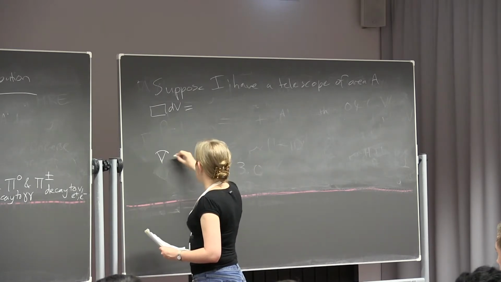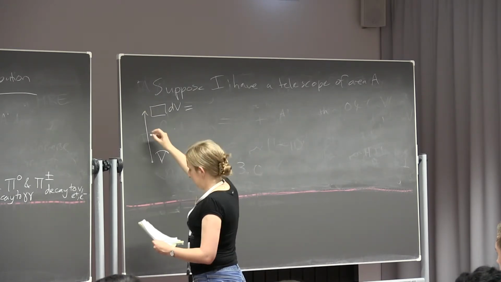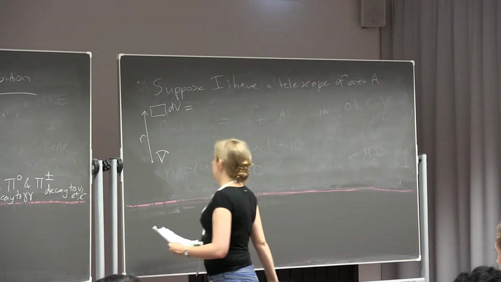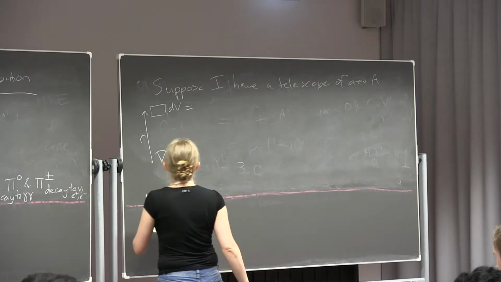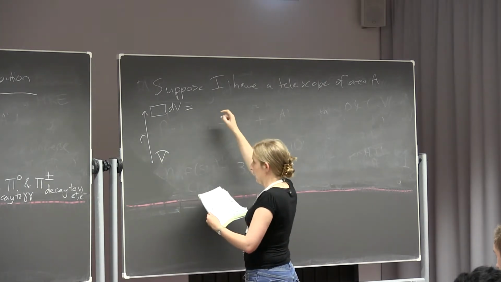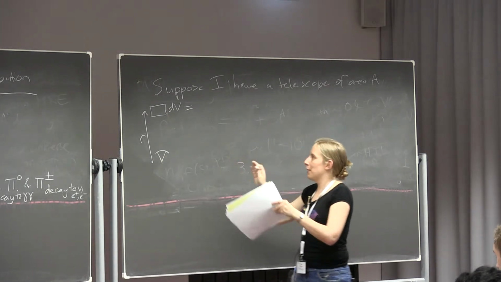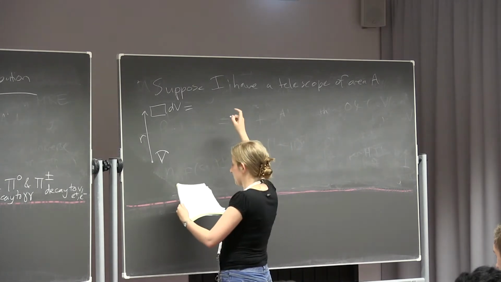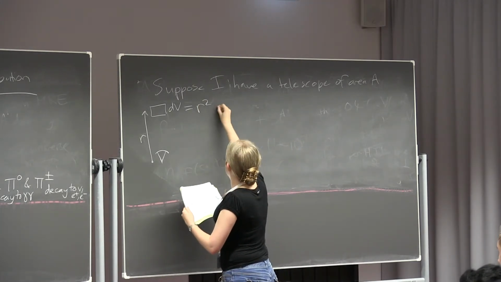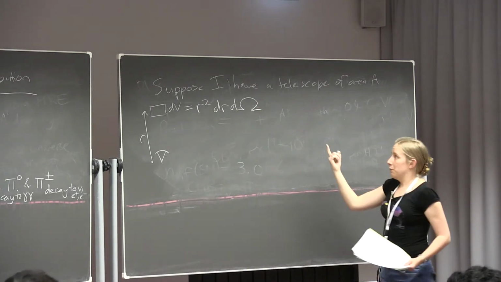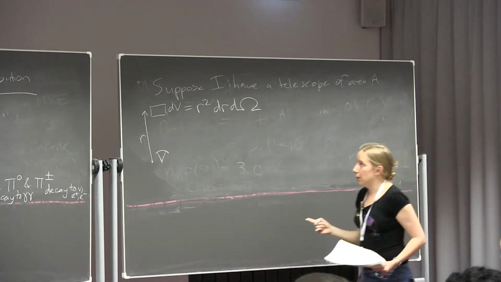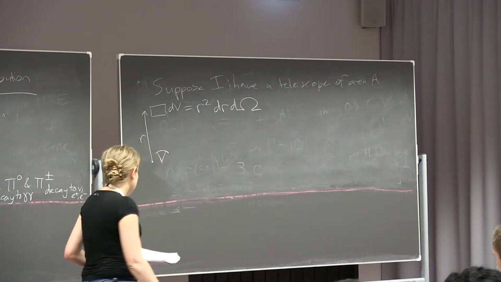The distance between me and this box is going to be r. It will not be a square box, it will be a sensible box in spherical coordinates. So the volume of this box will be r squared dr d omega, where omega is the solid angle subtended by the box from my viewpoint.